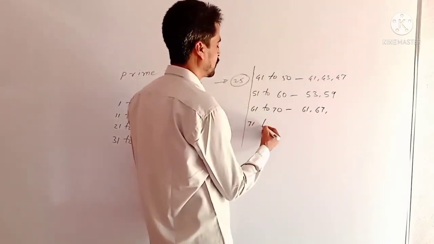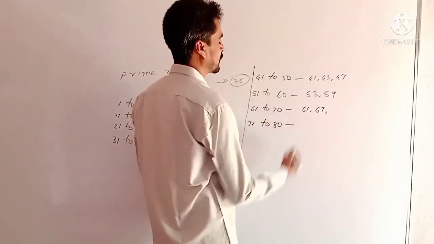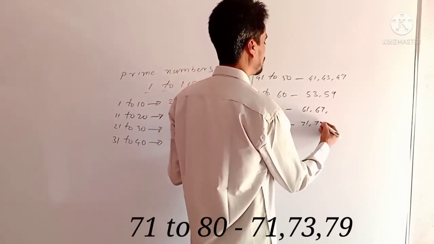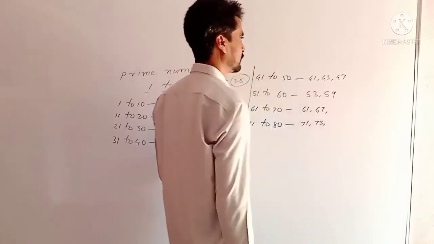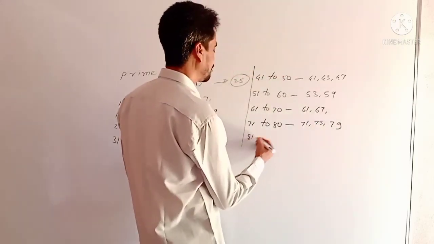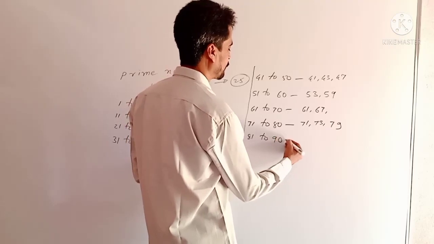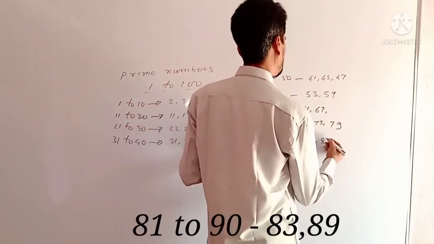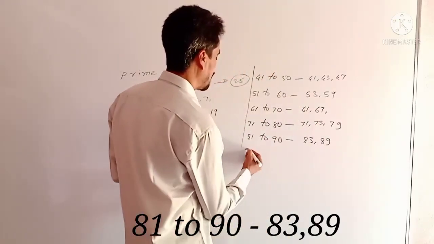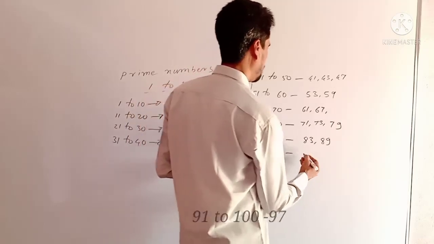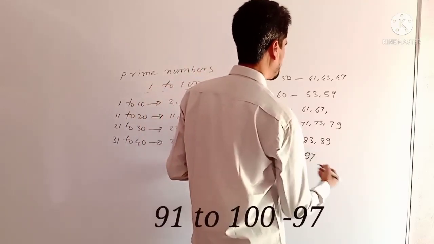And 71 to 80, the prime numbers are 71, 73, 79. 81 to 90, 83, 89. And 91 to 100, there is only one, 97.